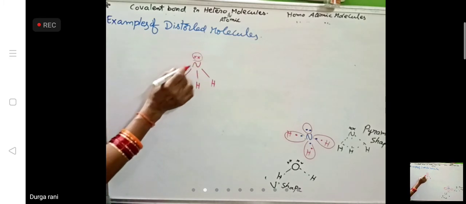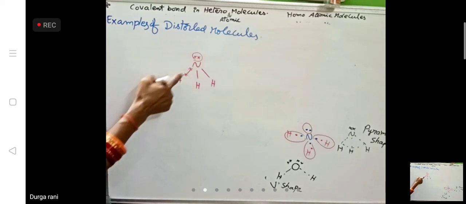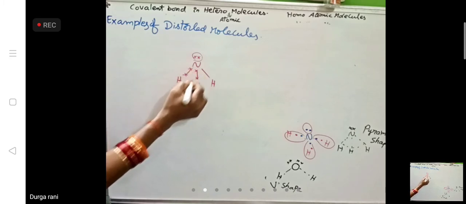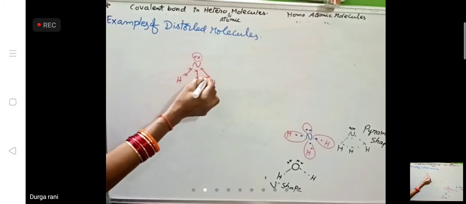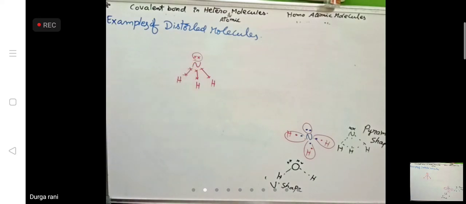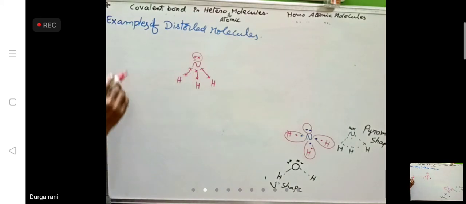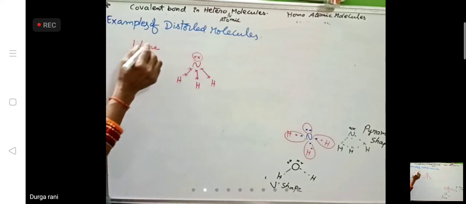For the formation of this bond, how many electrons are needed? Two. For the formation of this bond, how many electrons? Two. Here, two. Now you tell me, is it a lone pair or a bond pair? And these three come under bond pairs, and one lone pair.